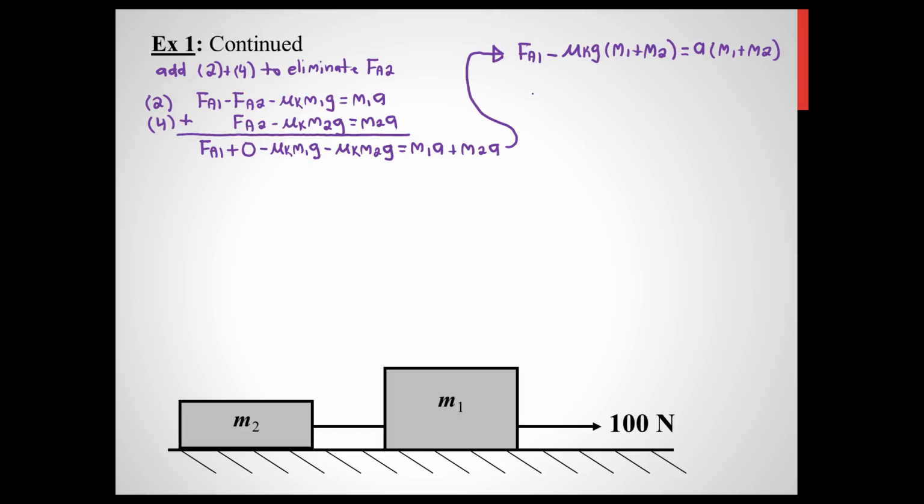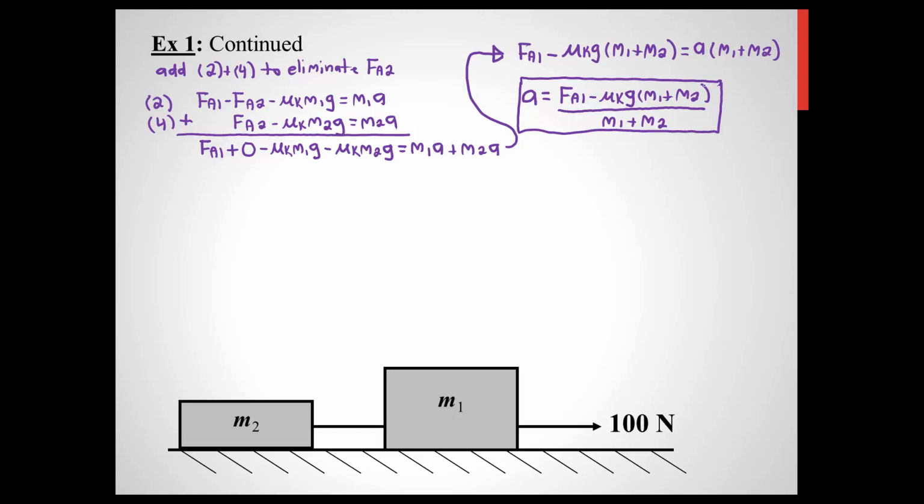To get the a by itself, just divide both sides of the equation by m1 plus m2. So this would then turn into fa1 minus mu k g times m1 plus m2, divided by m1 plus m2. We'll box that. And that is our answer to part A.